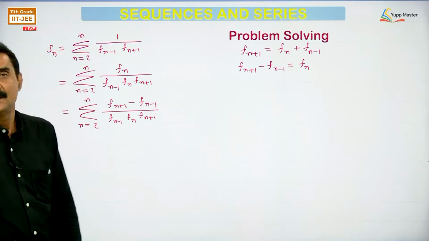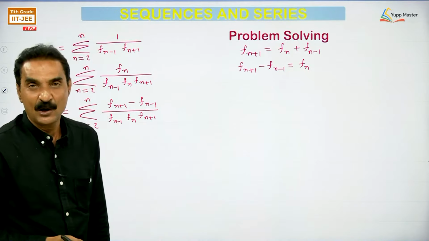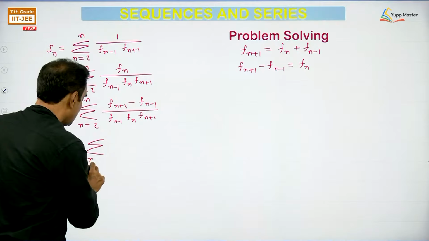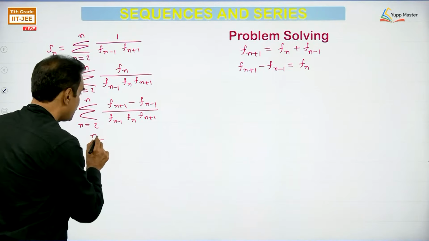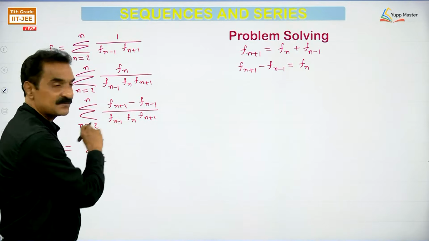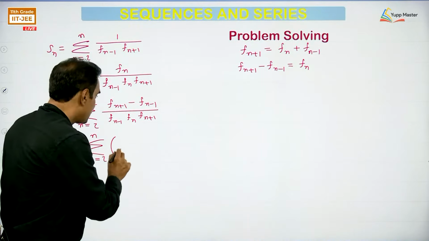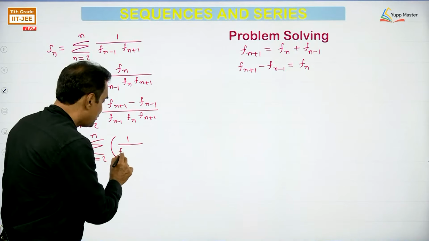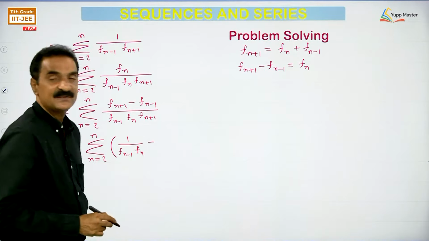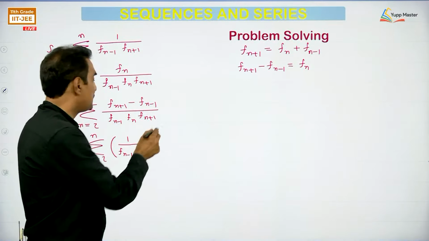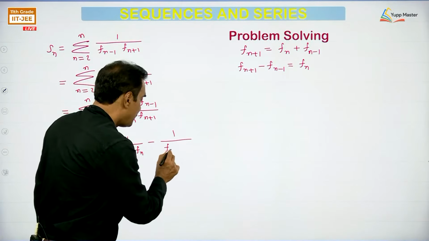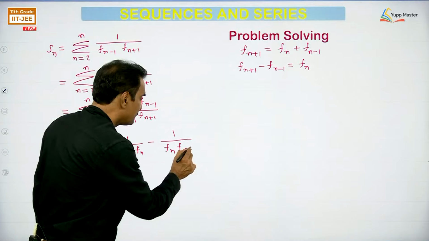Alright. Now let us separate the denominator. Separating the denominator, this by this, f(n+1) cancels. You will get 1 by f(n-1) f(n) minus f(n-1) by the denominator, which will be 1 by f(n) into f(n+1).